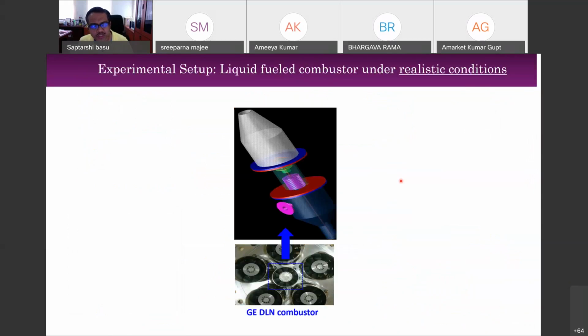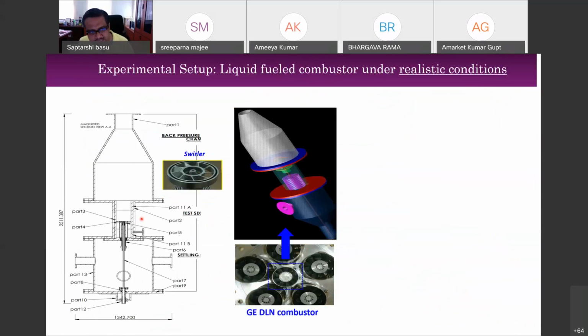So what we do in order to investigate such a setup, such a phenomenon, is develop what we call a single can combustor. So you can imagine that there is a swirling flow and an injection in a coaxial manner in a combustor, in a sample combustor. It's not the exact industrial combustor.